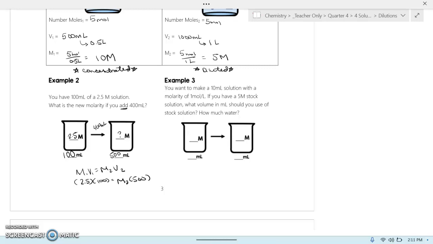So if you want to turn them into liters, you can, but you do not have to for this equation. So solve for M2. I'll let you do the math. We get 0.5 molar. So there's our final molarity after adding 400 milliliters. And just as expected, it should go down. It did.